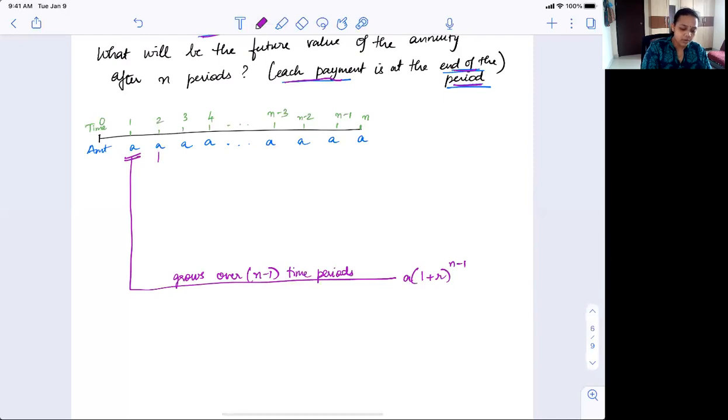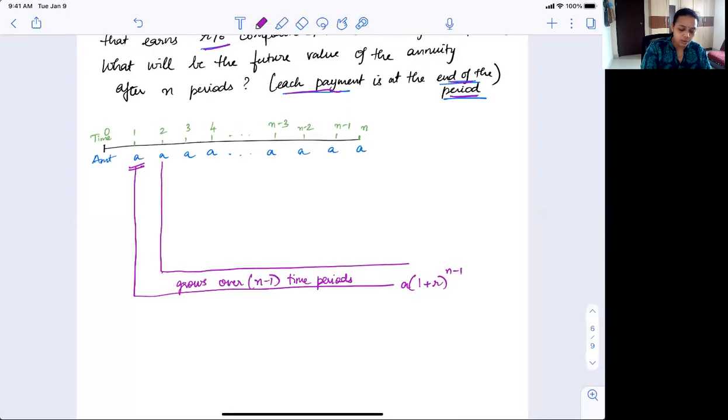Similarly, the amount A in the second year will grow over n minus 2 periods. This n minus 2 is nothing but the total time frame minus the amount of time that has elapsed. So the remaining time is the amount of time that this money A will stay in the account, and so it will have the opportunity to grow over that time period.